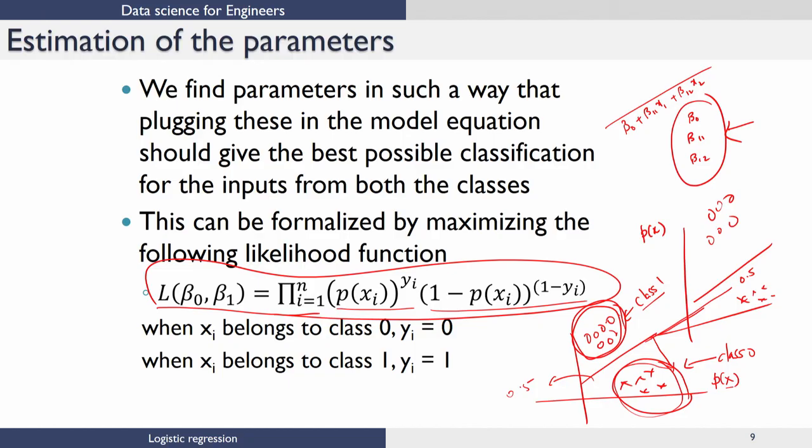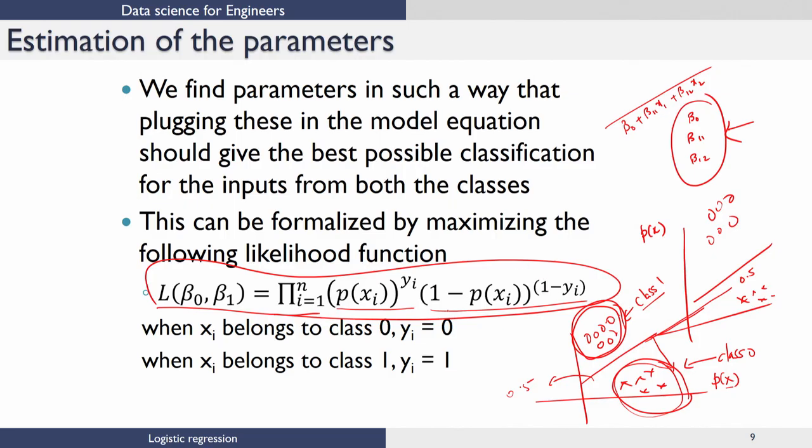So, if we try to maximize 1 minus p of xi, then that is equivalent to minimizing p of xi. So, for all the points that belong to class 0, we are minimizing p of xi. Now, let us look at the other case of a data point belonging to class 1, in which case yi is 1. So, 1 minus 1 is 0.